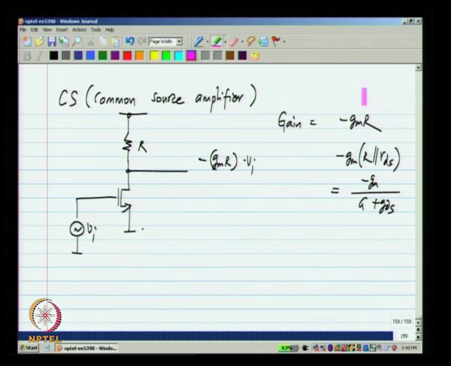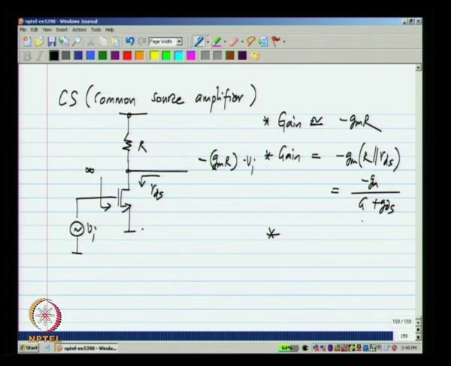So, the gain is approximately GMR, but the gain really is influenced by RDS as well, and that is something that has to be taken into account. So, beyond that there is not much to the common source amplifier. The input resistance looking in here is infinity. If you have some biasing network, that may contribute to the input resistance, and the output resistance looking into the MOSFET is RDS.